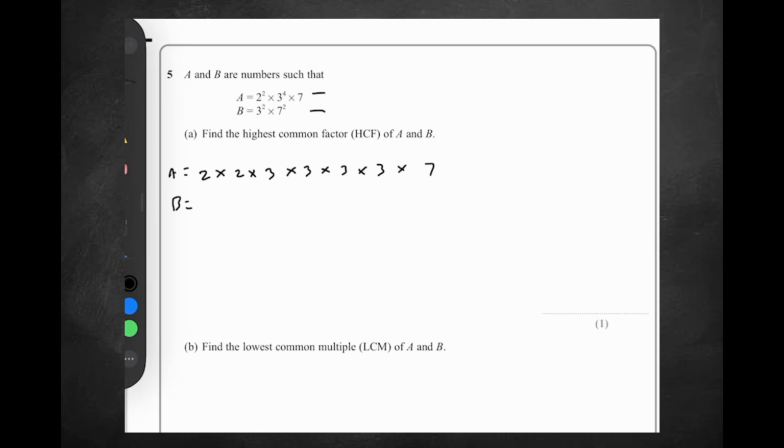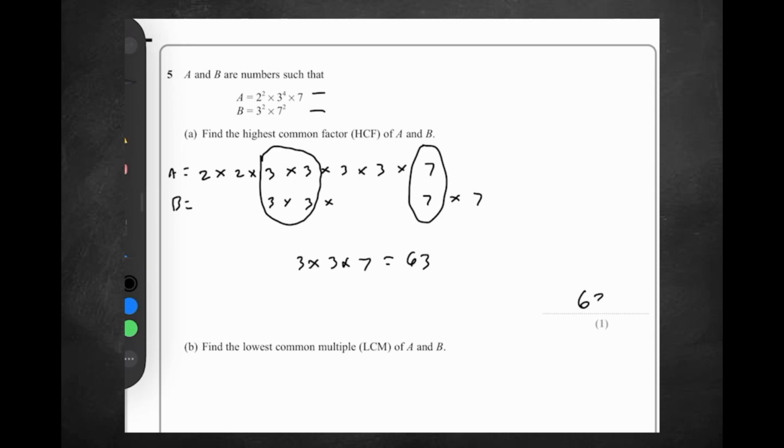And in B, we have 3 times 3 times 7 times 7. So we have 3 and 3, and we have 7. So the highest common factor will just be 3 times 3 times 7, which is just 63.